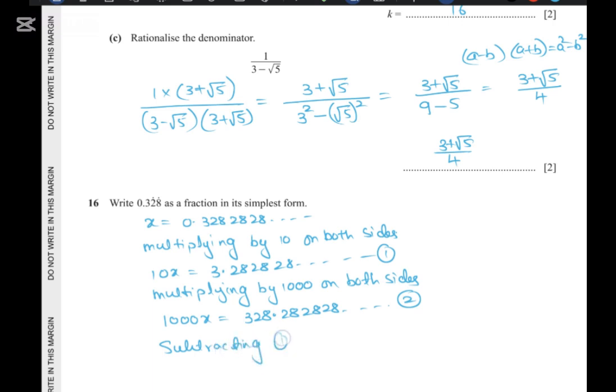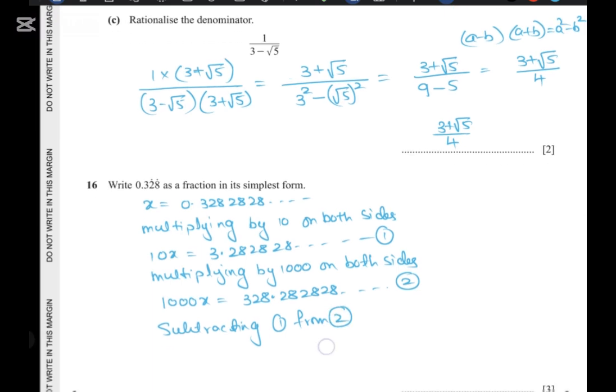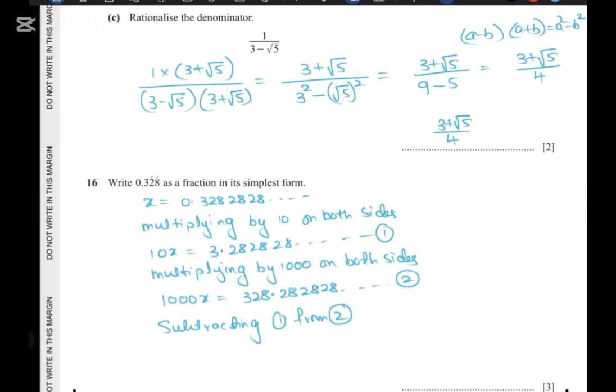Subtracting 1 from 2, we get 1000x minus 10x is equal to 328.282828... minus 3.2828..., so on.